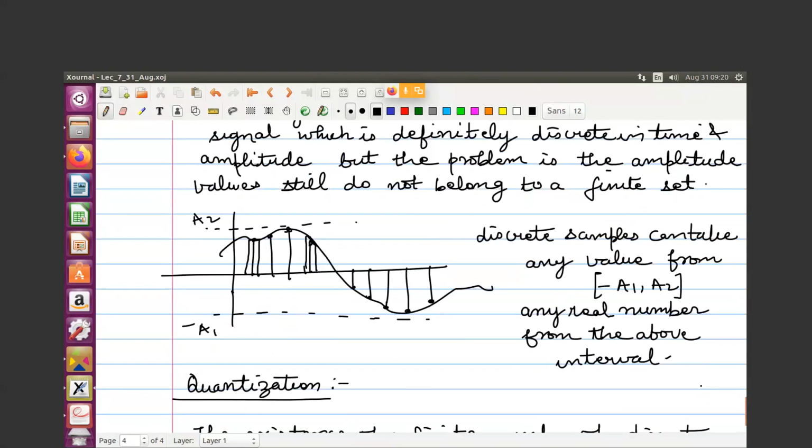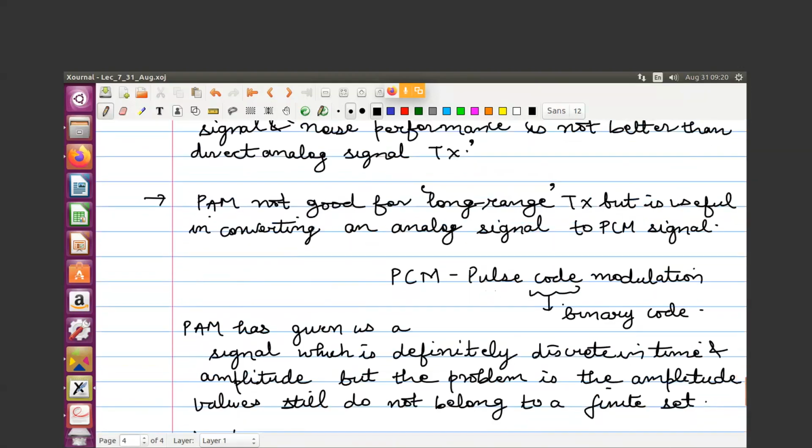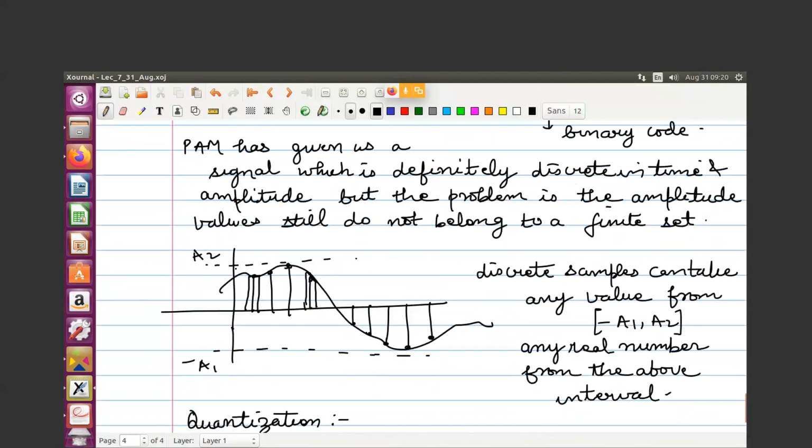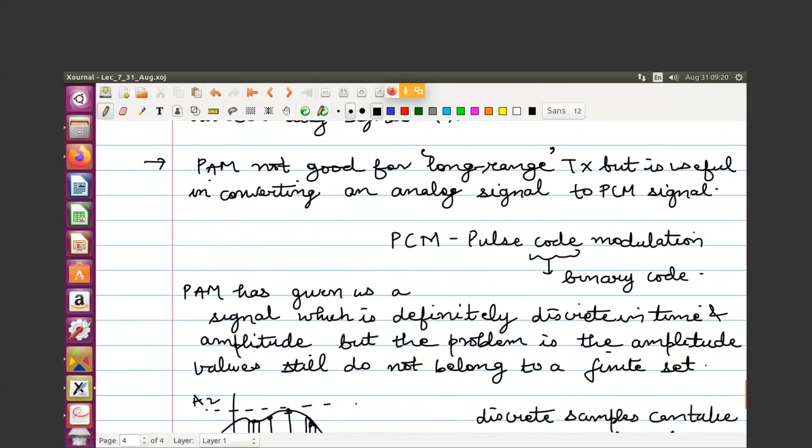Now why? Because of the word code, you want to assign a binary code, let us say 0011 or 1100, to these discrete levels. If I am taking k bits, at max it can represent 2 raised to power k levels.